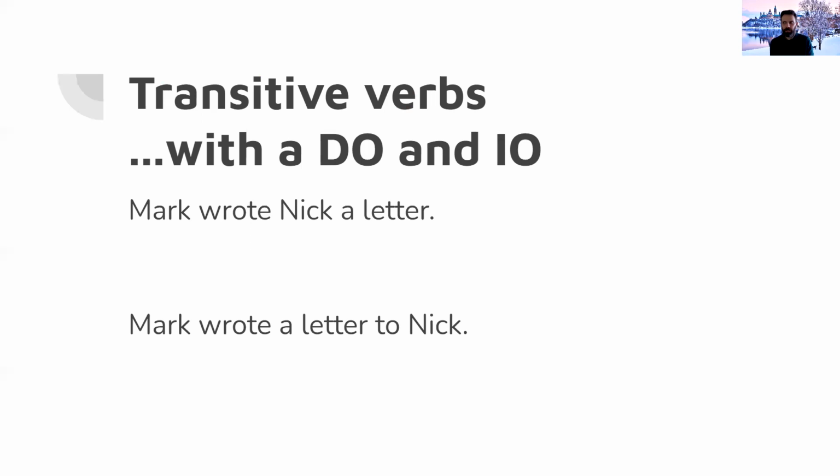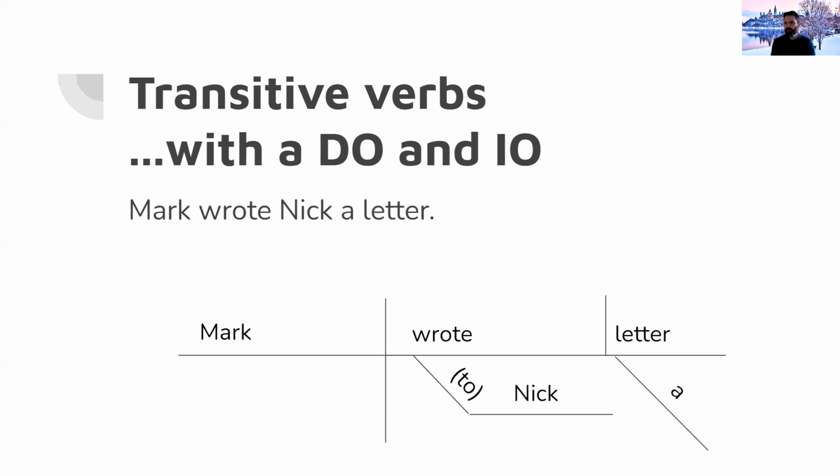Now, English has this ability to take the indirect object sometimes and put it ahead of the direct object, and we drop the "to" part. So you might need to rewrite the sentence to help clarify in your mind what is the direct object, the thing that is receiving the action. And then what is that going to, or who is it intended for? That would be the indirect object. So let's go ahead and diagram this. Mark wrote a letter.